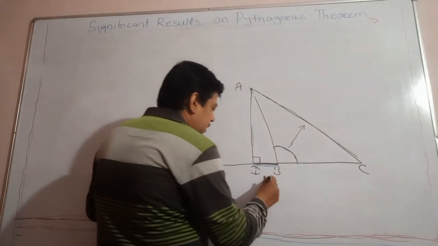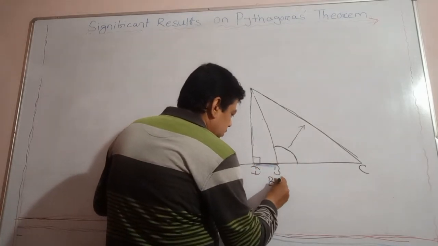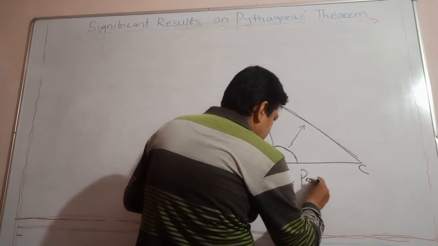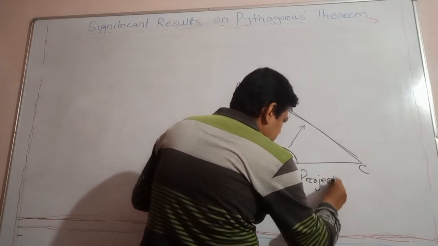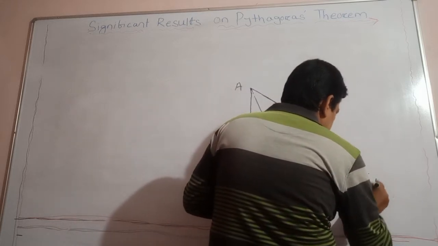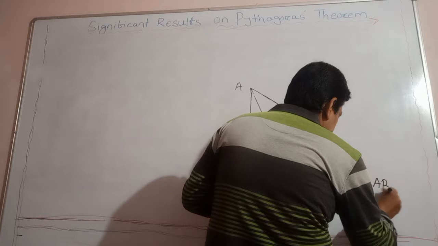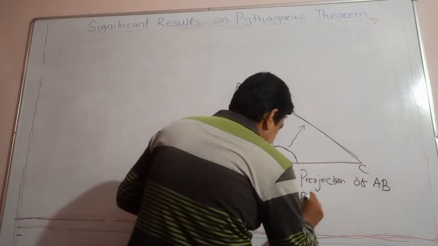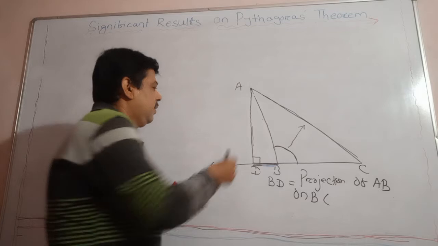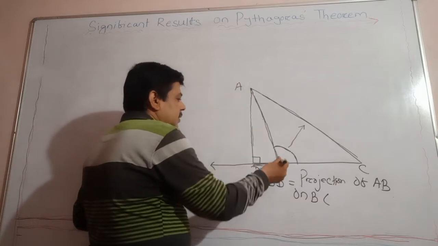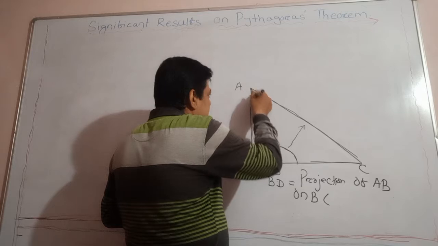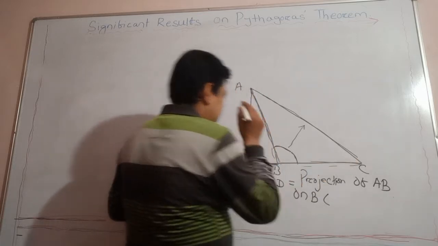The part BD is known as projection. BD part is known as the projection of the side AB on the side BC. Okay?